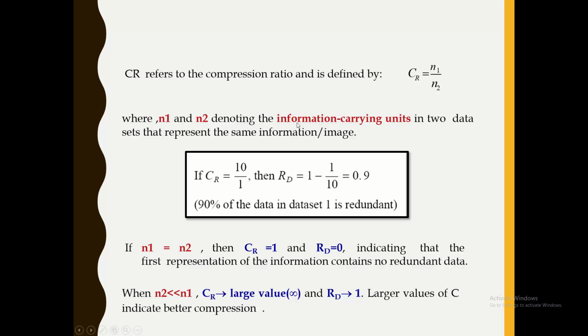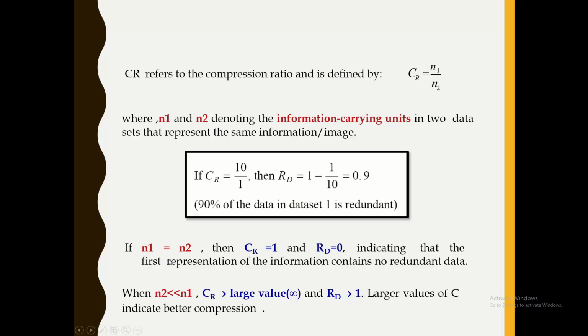Here n1 and n2 denote the information carrying units in the two data sets that represent the same information or image. For example, in the first image the number of bits required is 10, and in the second or compressed image the number of bits required to represent approximately the same information is 1. Then CR is 10 and RD is 0.9. It means that 90% of the data in image 1 or data set 1 is redundant.